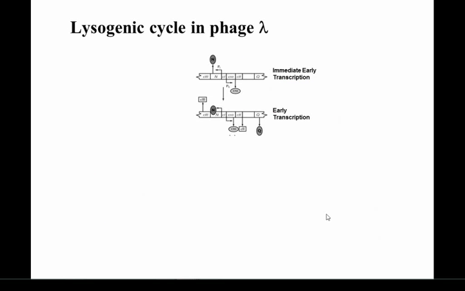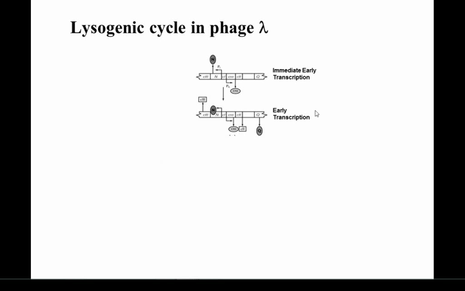So how is this controlled? Is it just random, or is it logical in some kind of way? Well, it's a molecular decision that's made very early after infection.